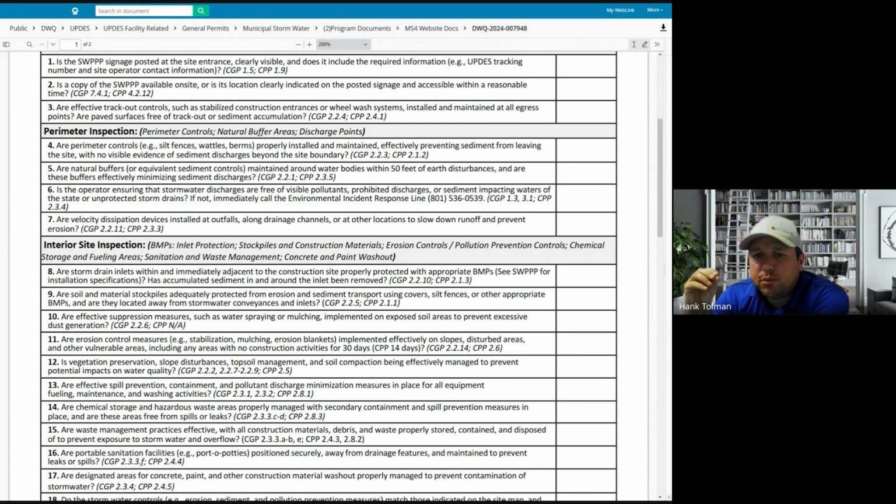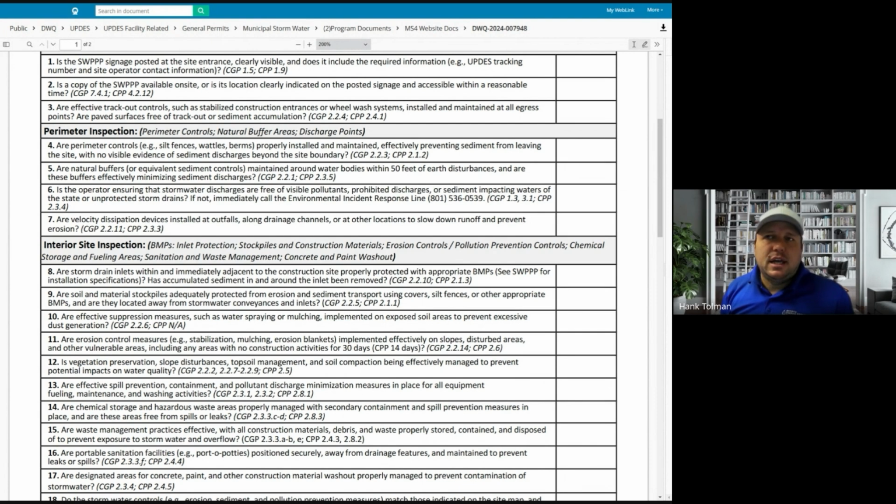Number 6 here: is the operator ensuring that stormwater discharges are free of visible pollutants, prohibited discharges, or sediments impacting waters of the state or unprotected storm drains? So this one's kind of nebulous. Okay, they're kind of looking for whatever meets this criteria. Are operators ensuring that stormwater discharges are free from visible pollutants?